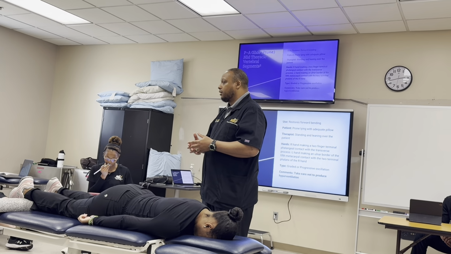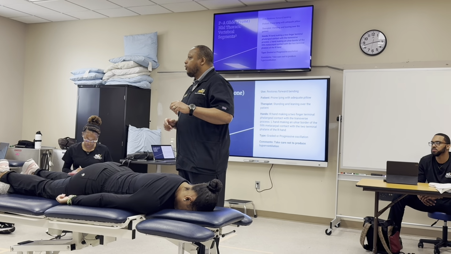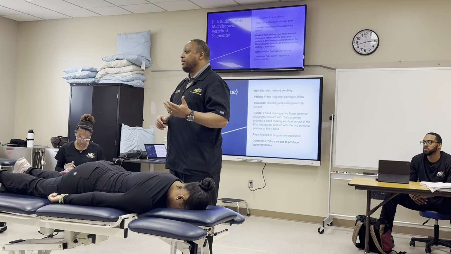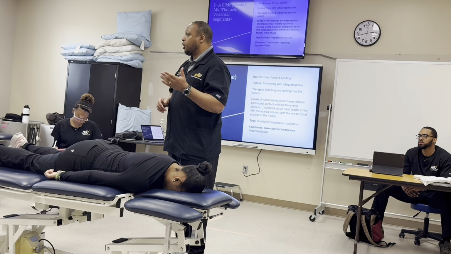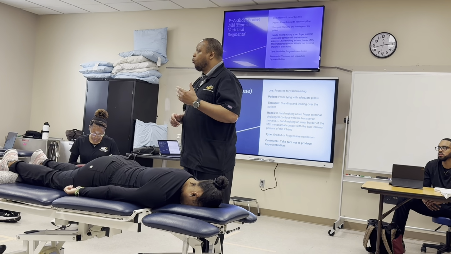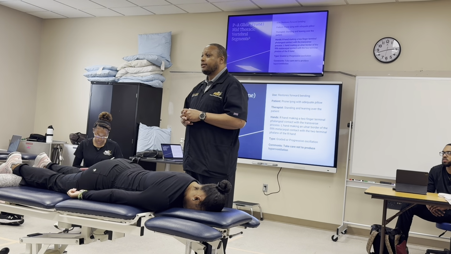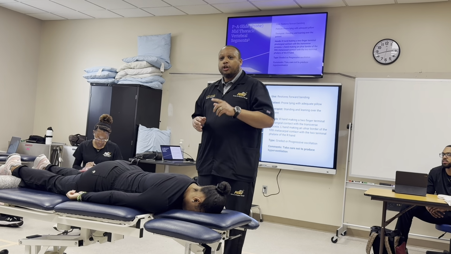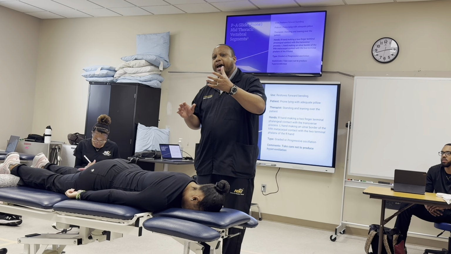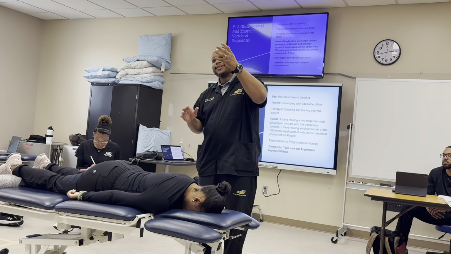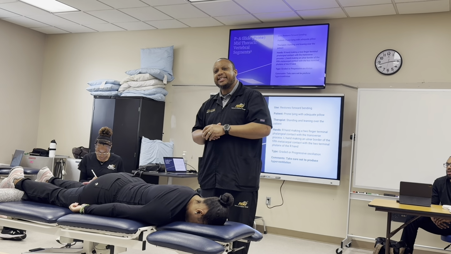All right. Now, if I want to improve backwards bending of T6 on T7, where would I perform the PA? On T7. So the PA of T7 also improves backward bending of T6 on T7. But I'm doing the PA at T7.